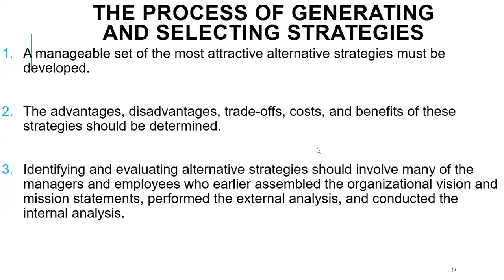So the first one is the expectation that as much as possible, a manageable set of alternative strategies must be unbundled. So as much as possible, it is not practical to go into the strategic generation and selection process with only one strategy in mind. However, there is the need for several of them to be generated, but these strategies must be manageable.